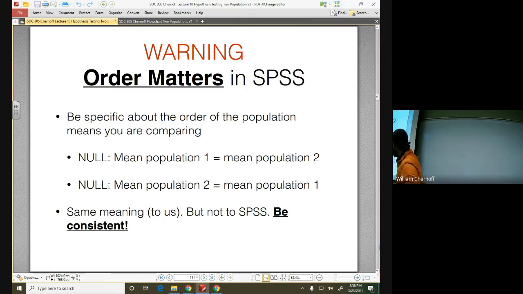So if you pick one of these, you have to be consistent about it. You have to be consistent with how you enter the data and use the routines in SPSS, because it's not going to know automatically which is population 1 and which one is population 2 unless you tell it which one is which.